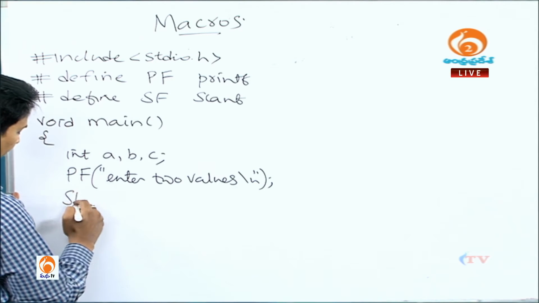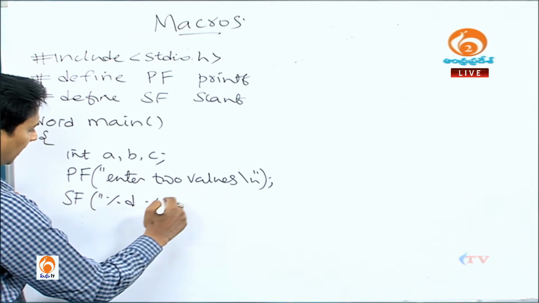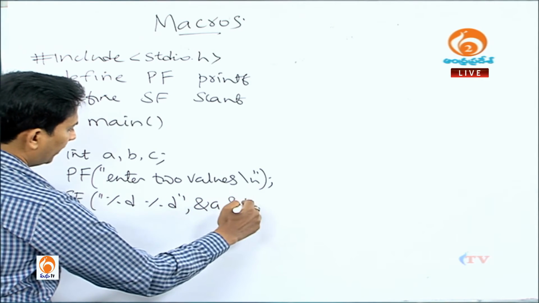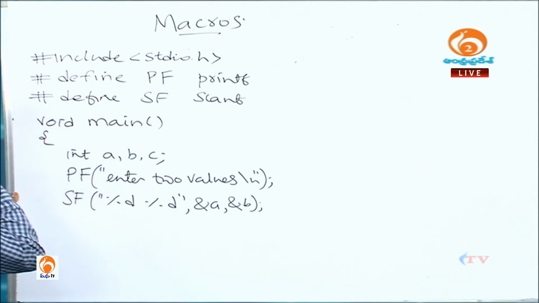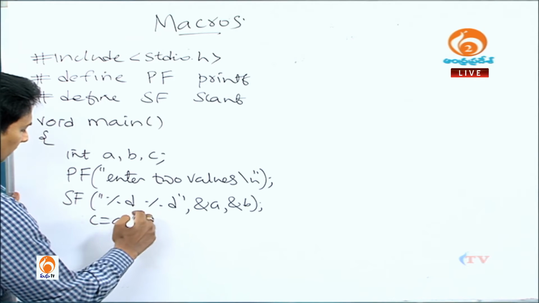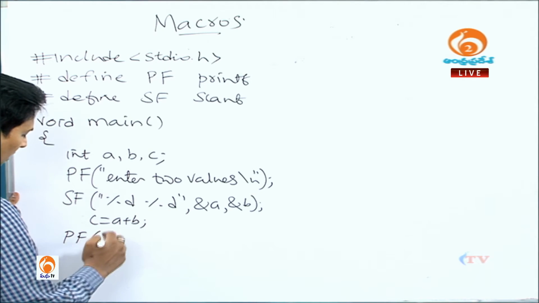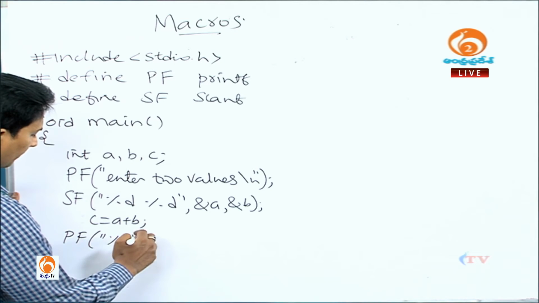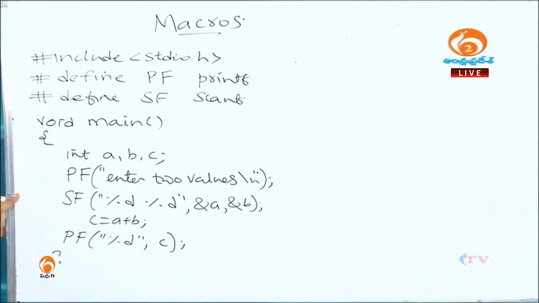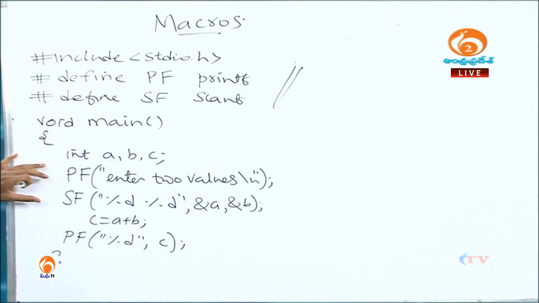SF, %d, ampersand A, ampersand B. C equal to A plus B. PF %d, C. If I am not writing these two defines, I will get the error here.